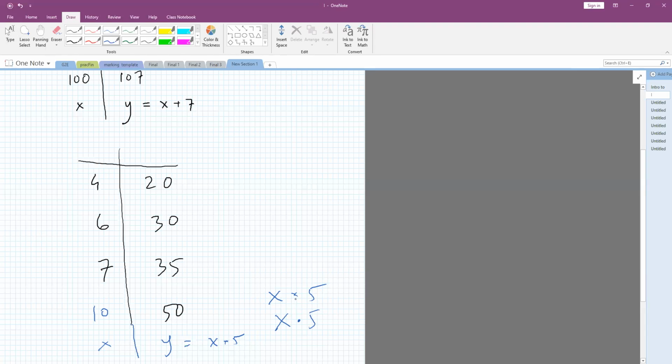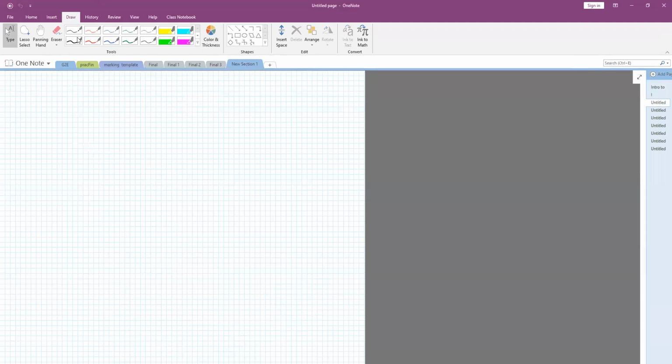Okay. Now, actually, you can think of the relation between this x and y like this. Just like, you know, what you put in, we call it in, and then out.